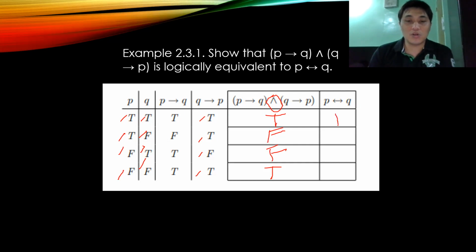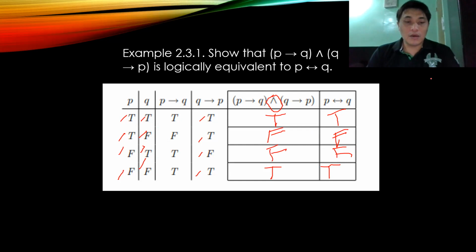So our answer will be true. And this one, true and false. So this is false. False and true, this will be false. And false and false, this will be true.